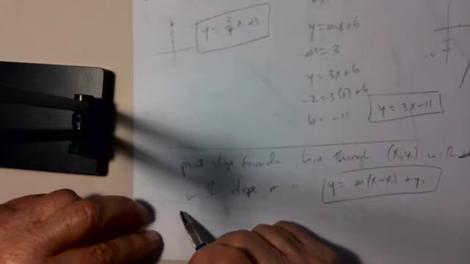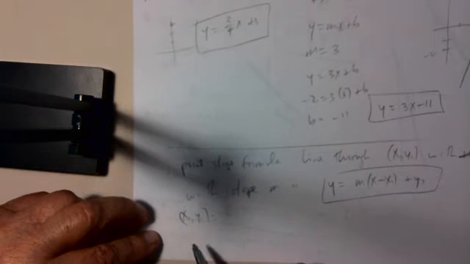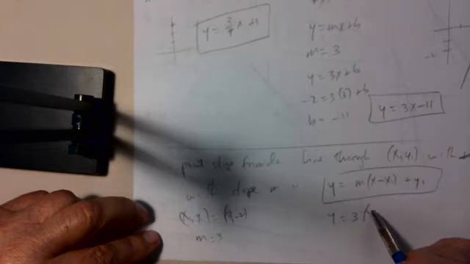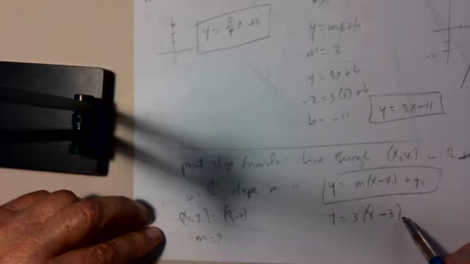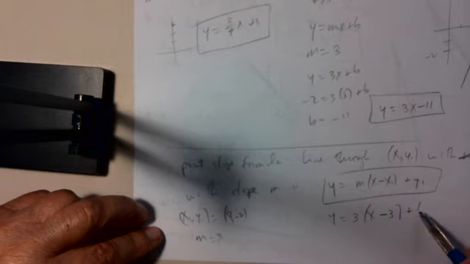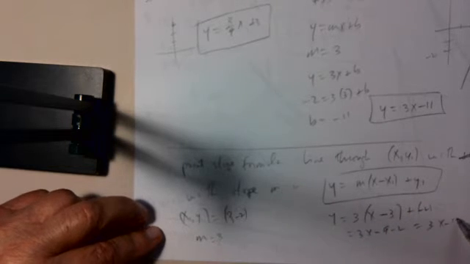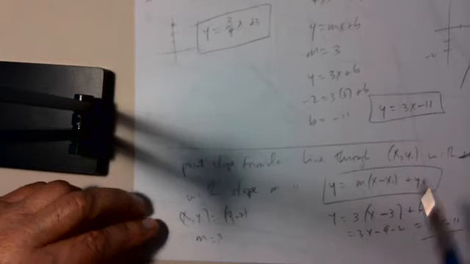And in this case, x1, y1 is the point 3, minus 2, and m is equal to 3. So y is 3 times (x minus 3) plus minus 2. That's 3x minus 9 minus 2, or 3x minus 11, which is just what we got before. All right.